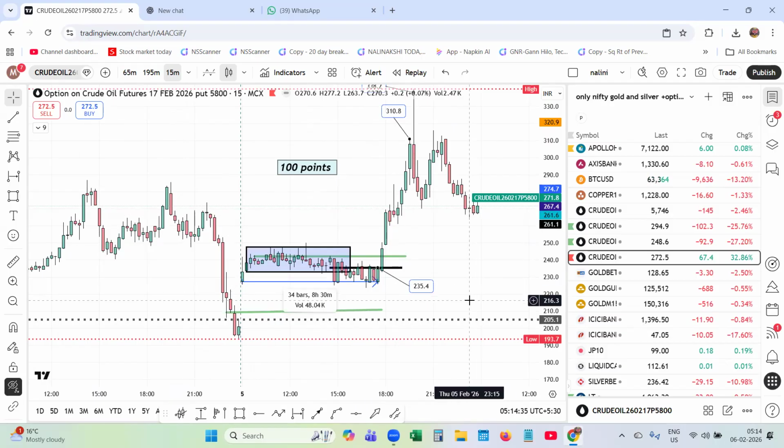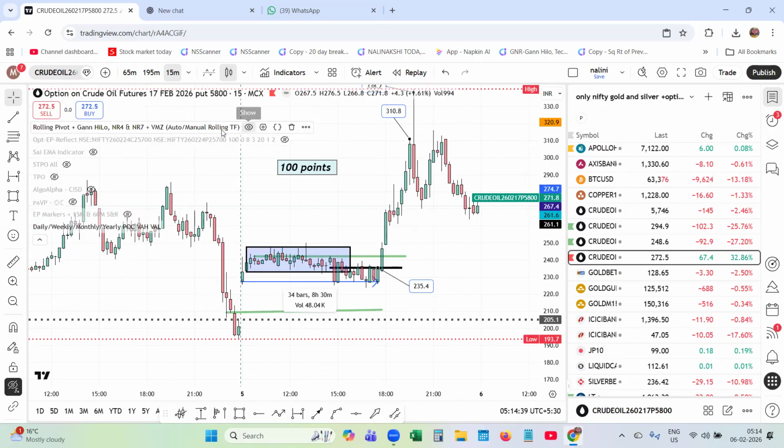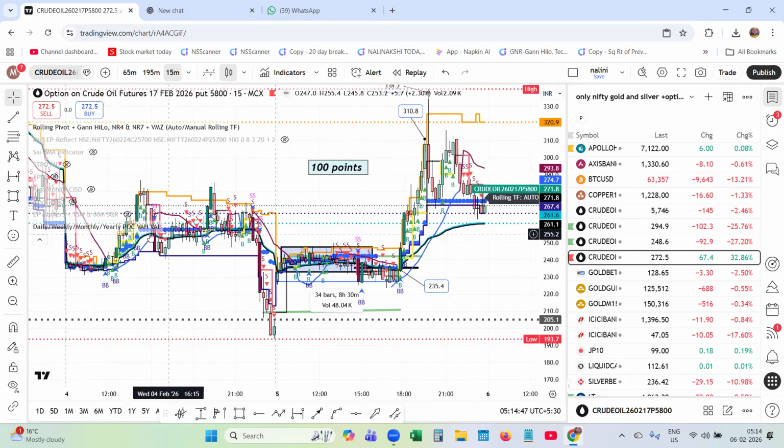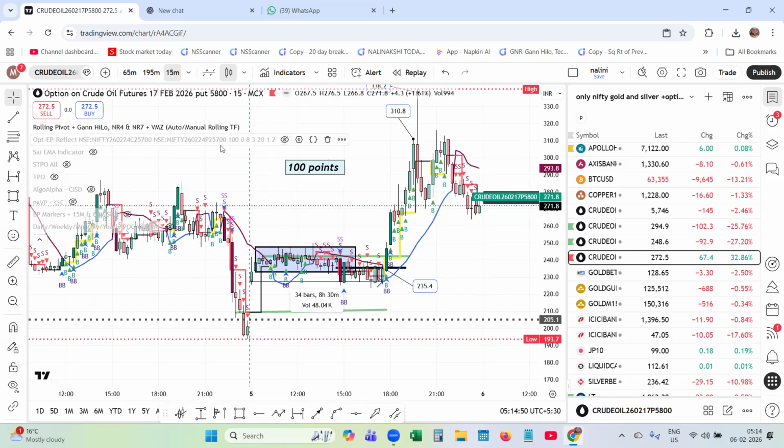This is very important. So my indicator, the first one is the rolling pivot. Let me enable only one by one. Everything is superior. So you may ask me question, why you have developed so many indicators.